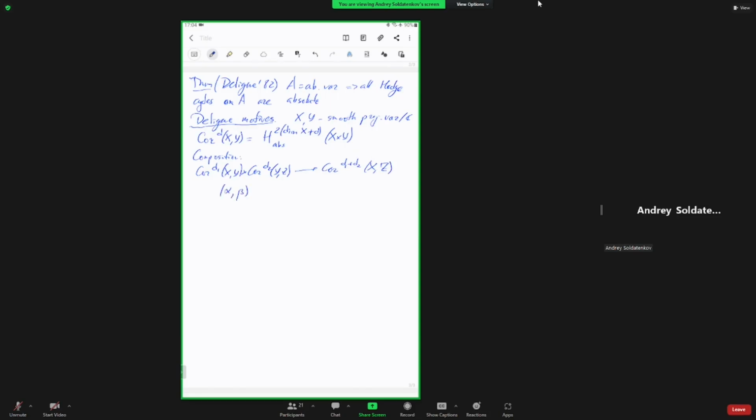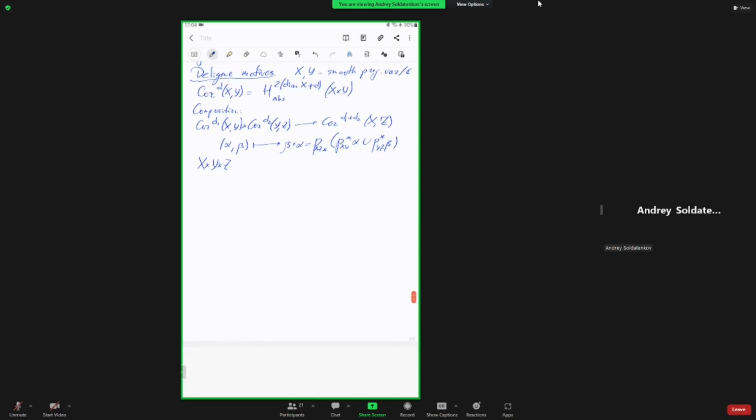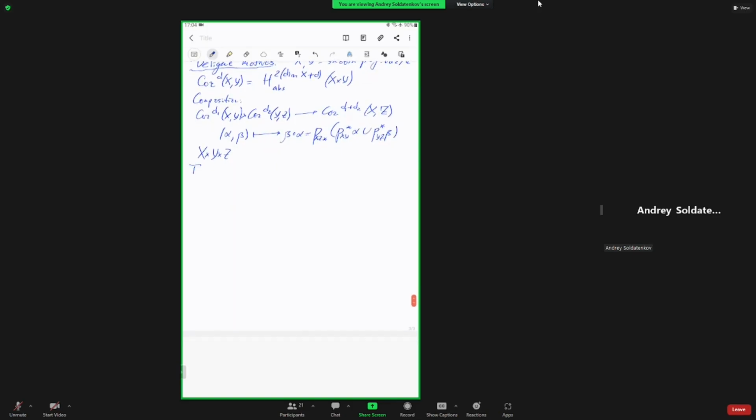I take a pair of correspondences and I map it to the composition, which is obtained as follows. I look at the triple product X, Y, Z, and then I pull back one correspondence from one side, take the cup product with the pullback of the other correspondence from the other side, and then I push forward to XZ.